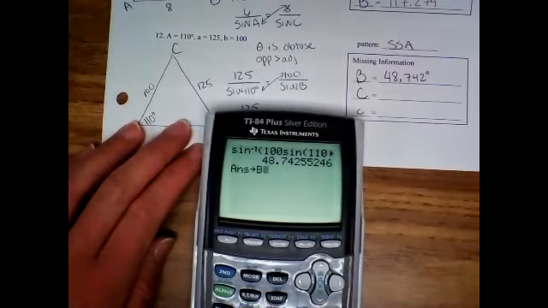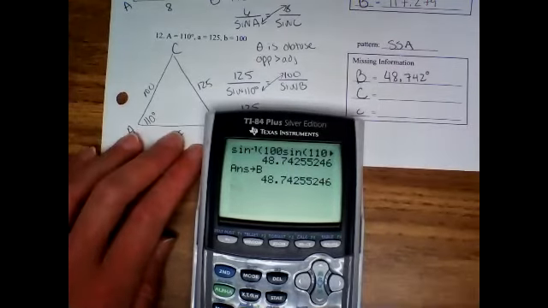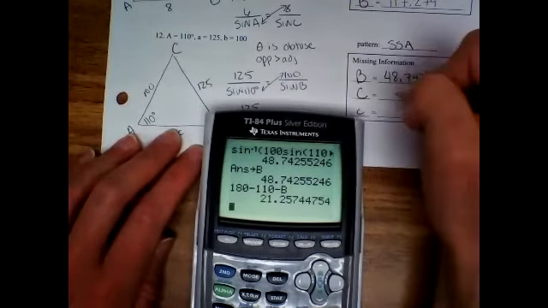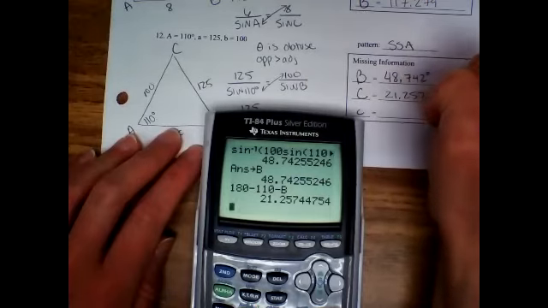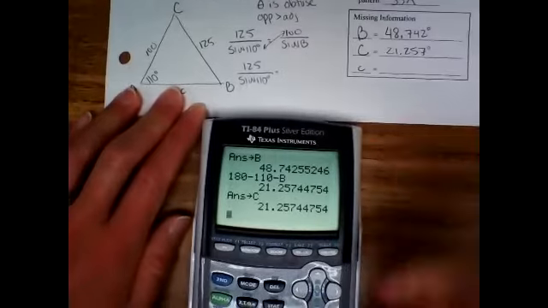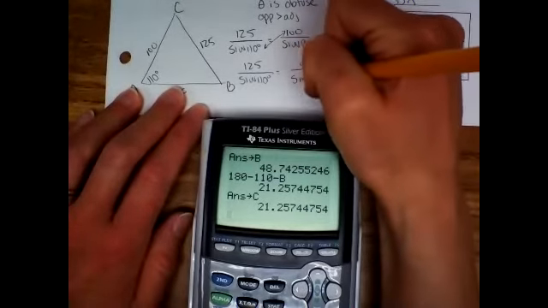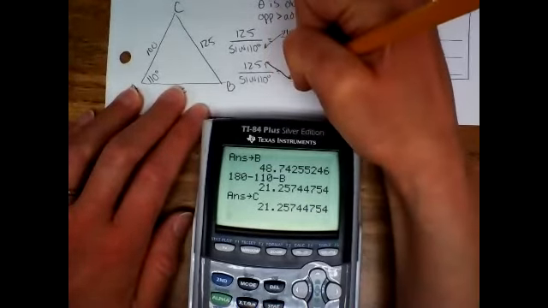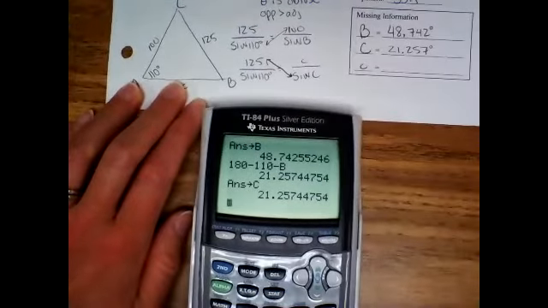Store that as B. To get C, you're just going to subtract the other two from 180. Store that as C, and then we're going to set up the law of sines one more time. It'll be c over sine of C. You don't need to hit second sine because you're not looking for the angle, just cross multiply and divide.